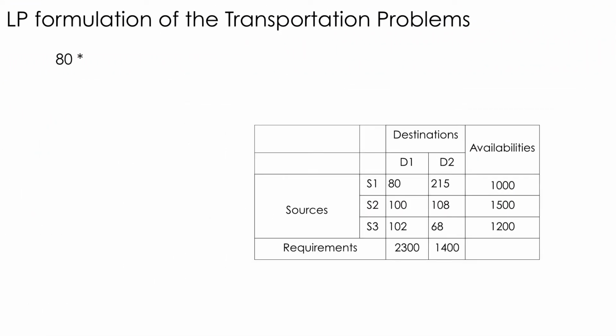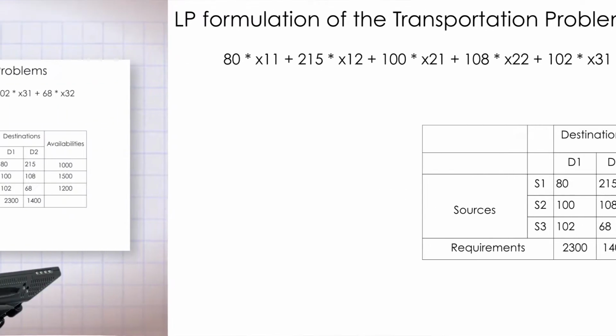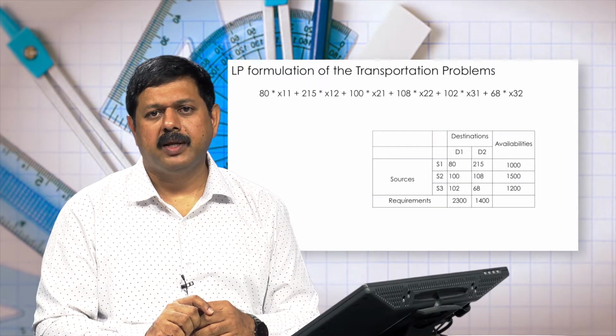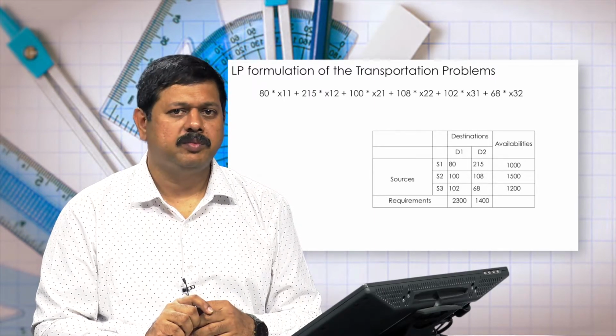Hence, 80 times x11 plus 215 times x12 plus 100 times x21 plus 108 times x22 plus 102 times x31 and 68 times x32 is the objective function of the transportation problem, which gives the total cost of transportation and hence is to be minimized.